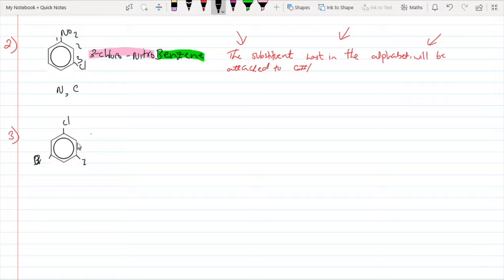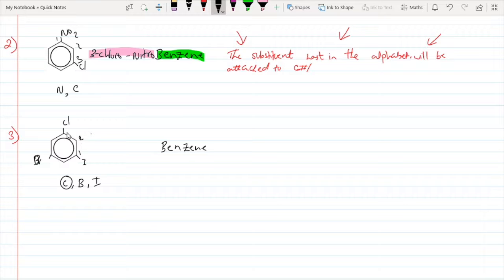Okay, so moving on to our third example, and in this example we actually have 3 substituents. Again, we know the parent compound is benzene, so I'm going to write that down. Looking at all the substituents attached, we have chloro, iodo, and bromo. If I just write the alphabet, C, B, and I. Now we know I is last in the alphabet, therefore it would be attached to carbon number 1, and C is second last in the alphabet, therefore we would go across this way.